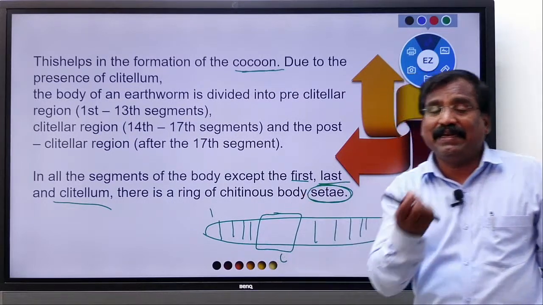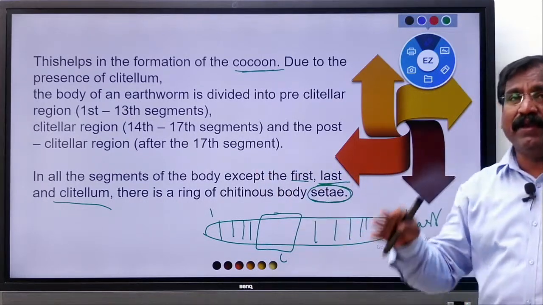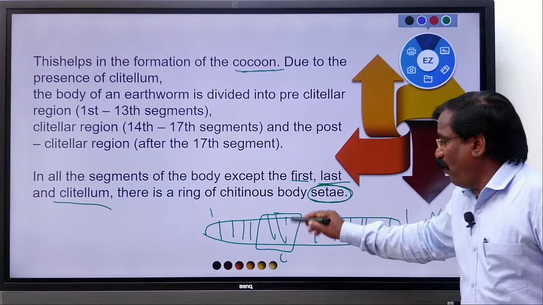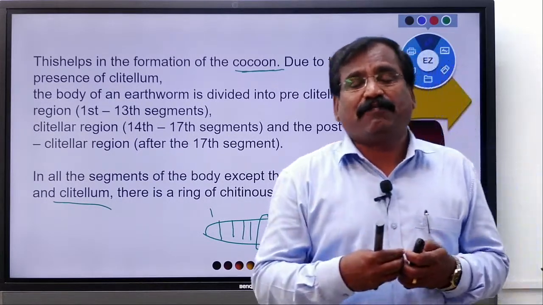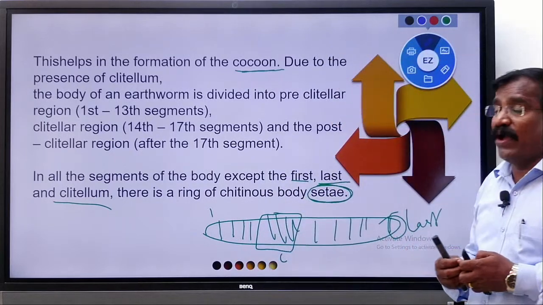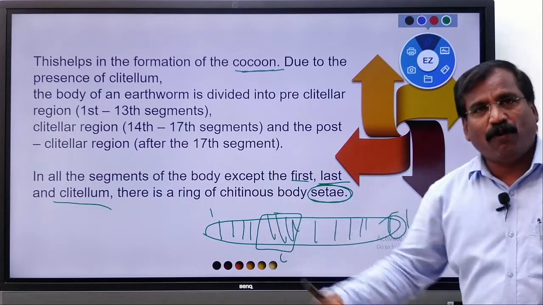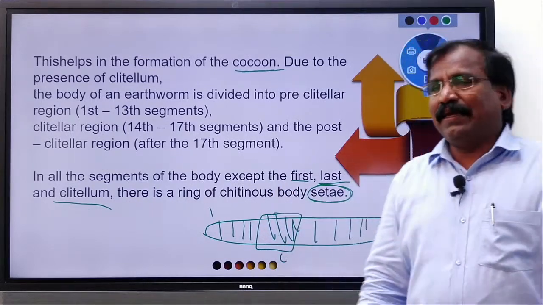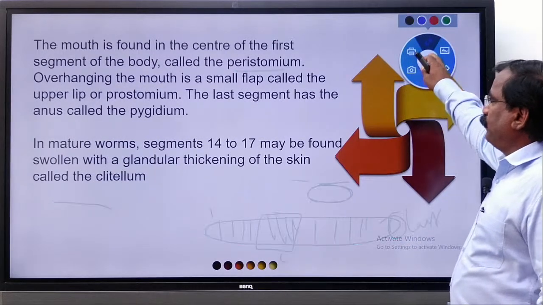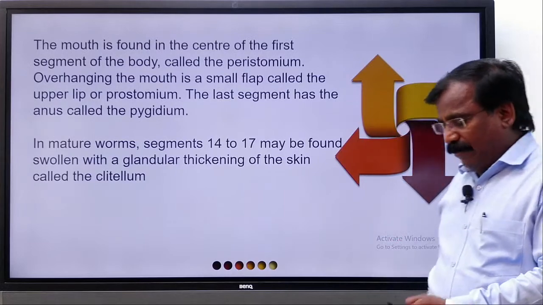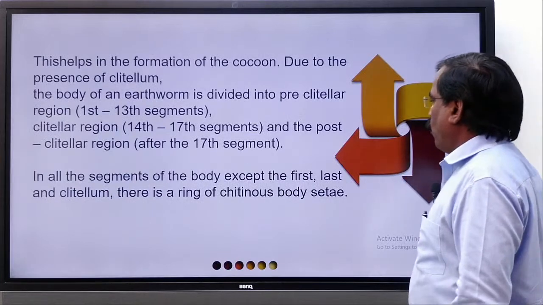Very important. It is a chitinous, sigmoidal structure distributed throughout the body except the first segment, the clitellum and the last segment. That is called setae, and it is helpful for locomotion.